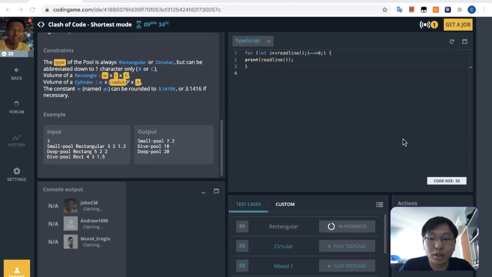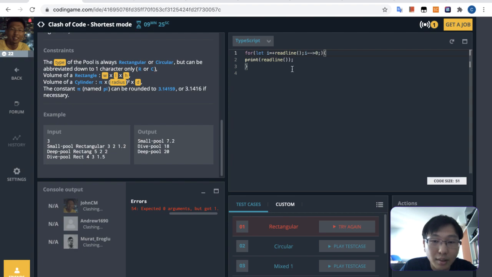I'm just trying to shorten my code as much as I can before we even go down to the algorithm itself. Type error: expected zero arguments, got one. Looks like print readline didn't do the job. Console.log then.